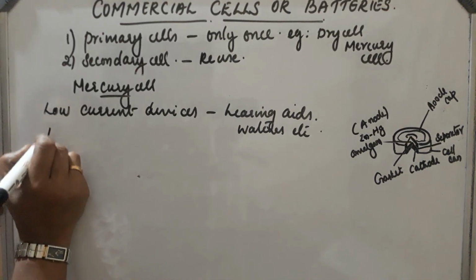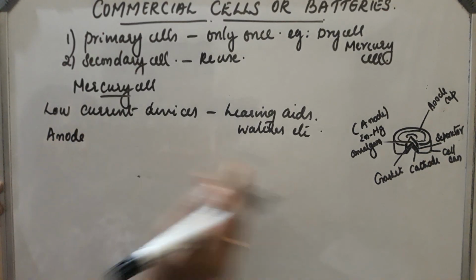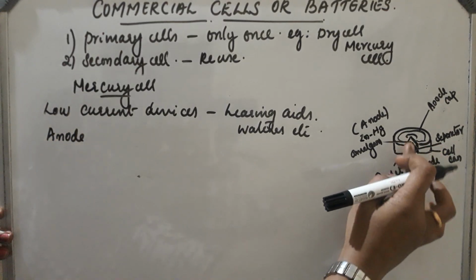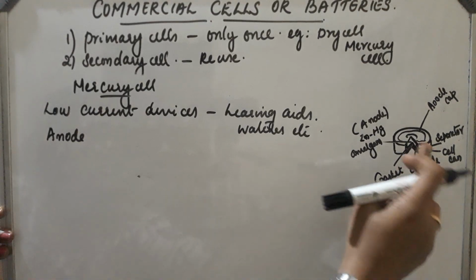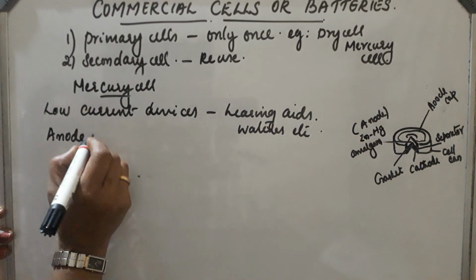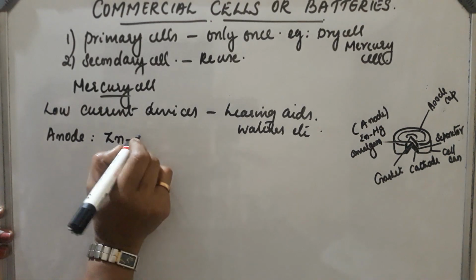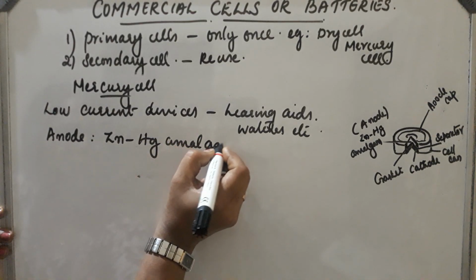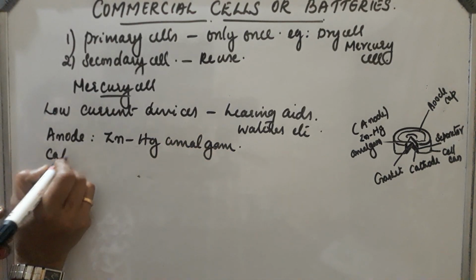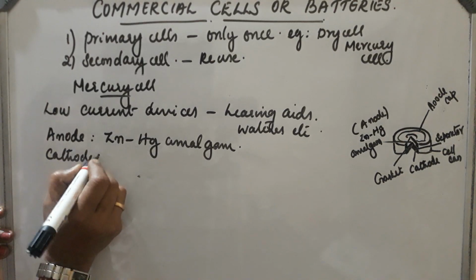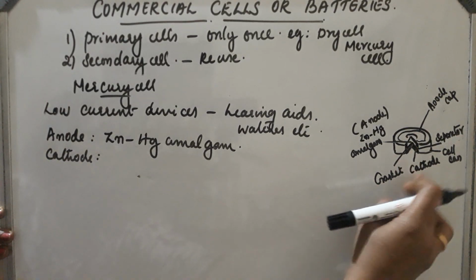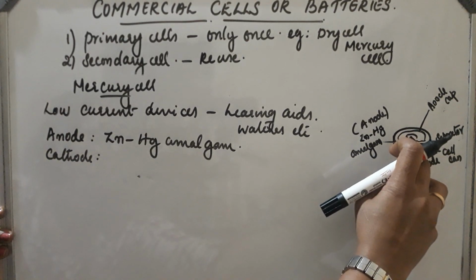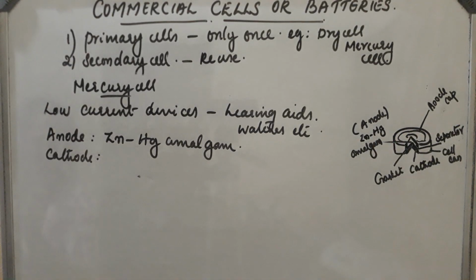See the figure, this is a small cut showing the inside portion. Anode is zinc mercury amalgam. And what about the cathode? The cathode is inside, this portion is the cathode, and above that there is the anode.